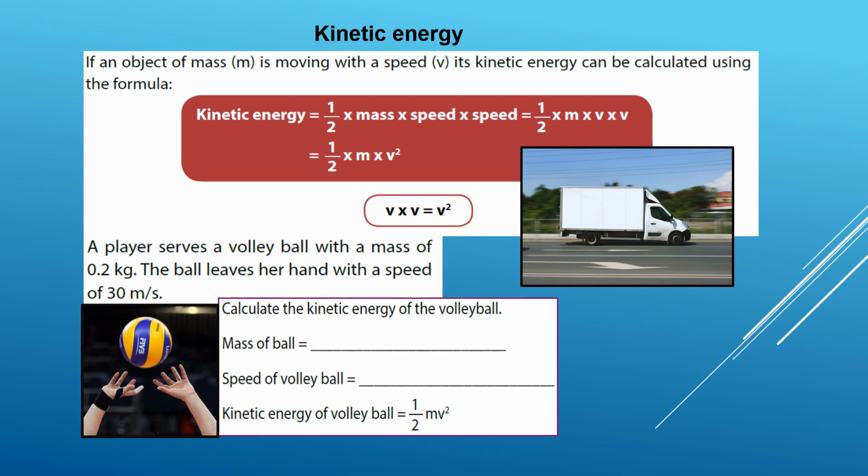Now, using kinetic energy of the volleyball is equal to half m v squared, we get half times 0.2 times 30 times 30, which gives 0.1 times 900, which in turn gives 90 joules. So the kinetic energy of the volleyball is 90 joules.